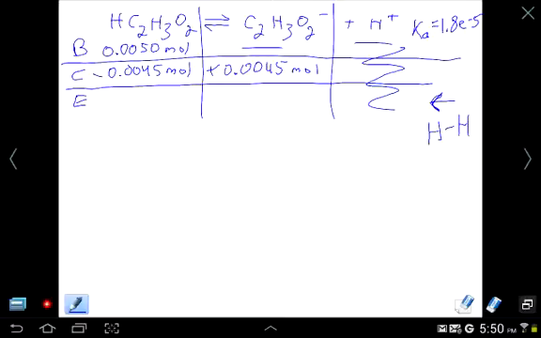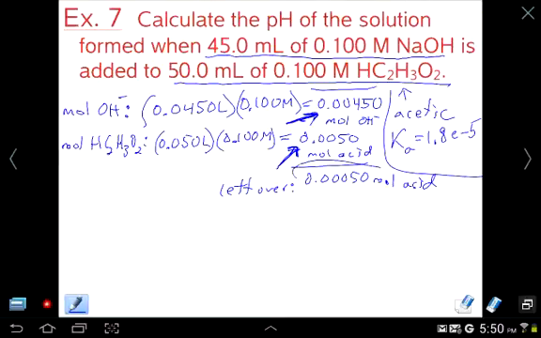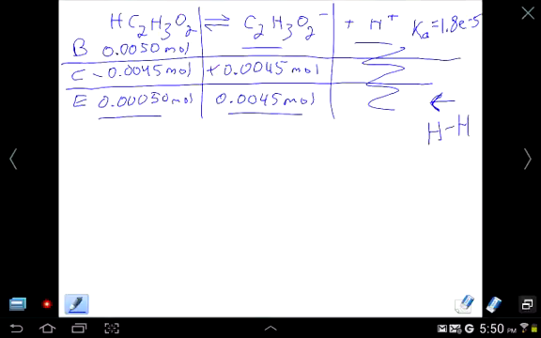So what we'll have left over is 0.0050 moles of my acid and 0.0045 moles of my conjugate base. And these really are the same amounts that we have here. This is our moles of acid left. And now let's go ahead and use the buffer equation.